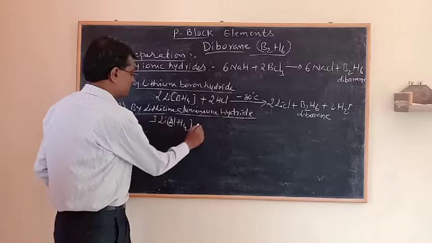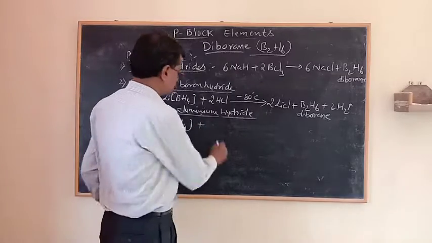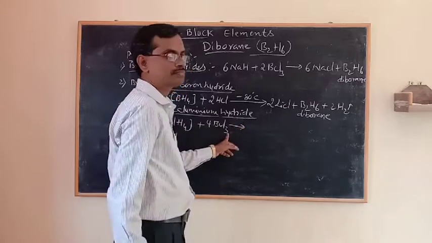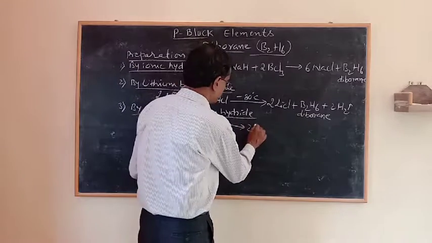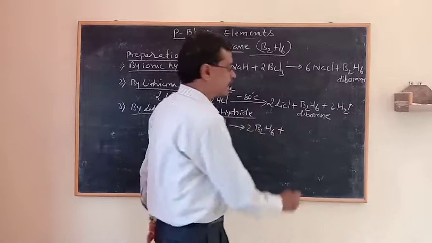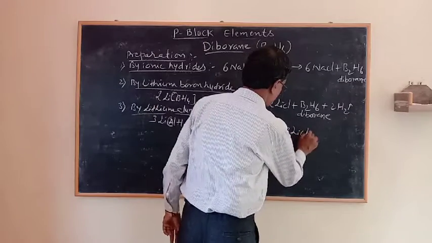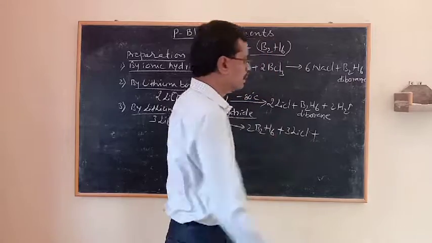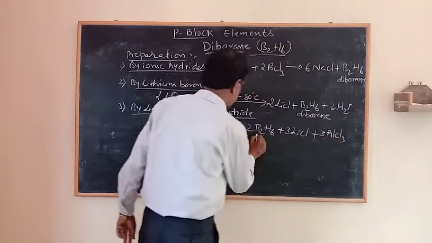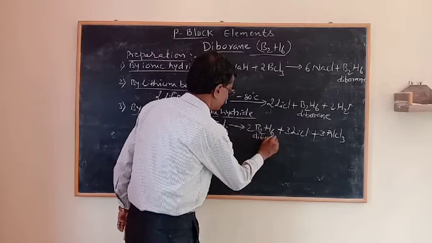We are taking 3 moles, which reacts with 4 BCl3 to form 2 B2H6 plus 3 LiCl, lithium chloride, plus lastly 3 molecules of aluminum chloride. So this is again the diborane.